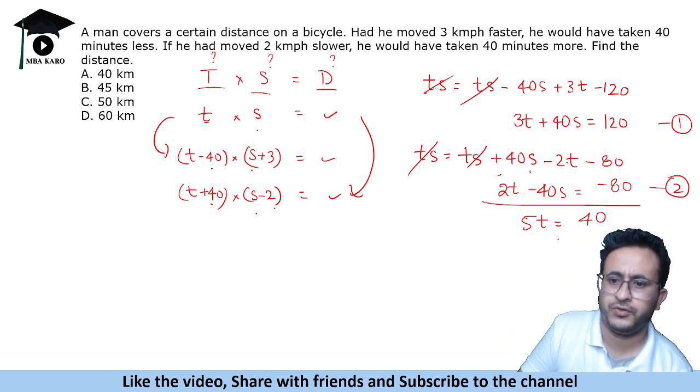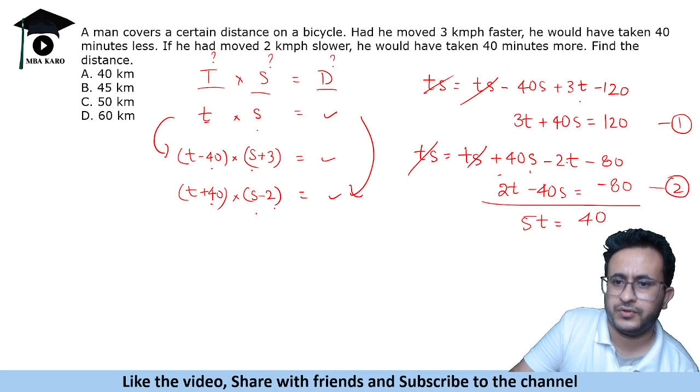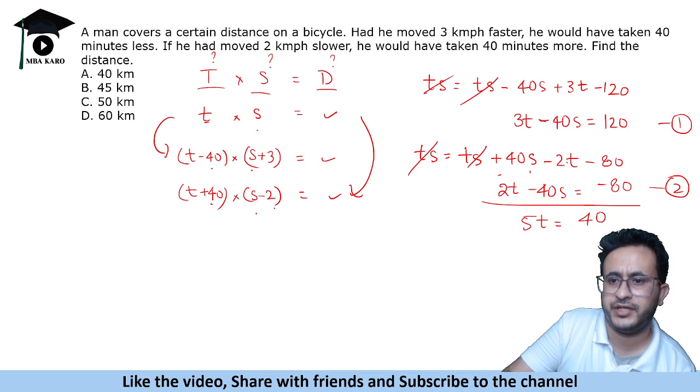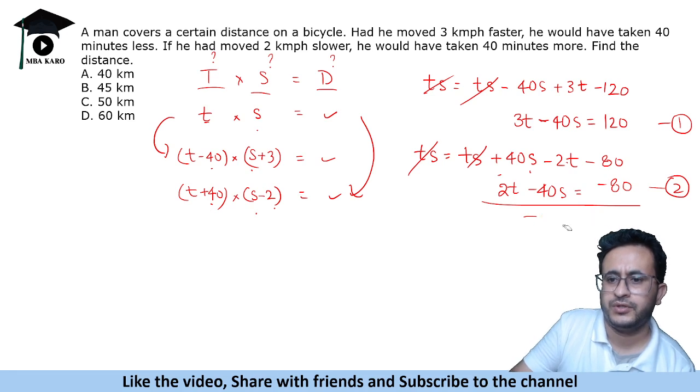So 5t is equal to 40. So 3t minus 40s, sorry, this is 3t minus 40s is equal to 120 and 2t minus 40s is equal to minus 80.